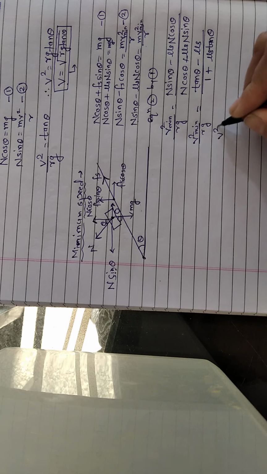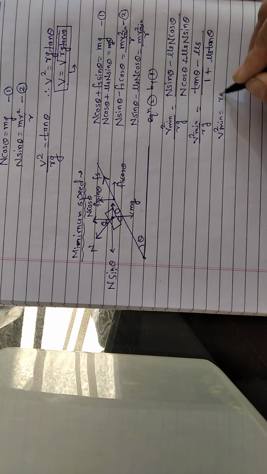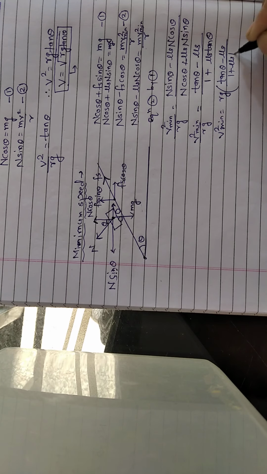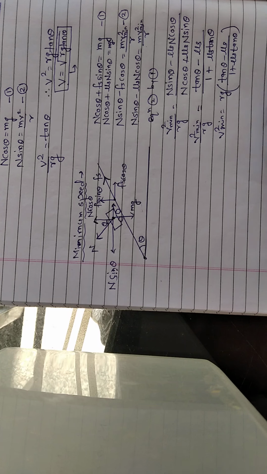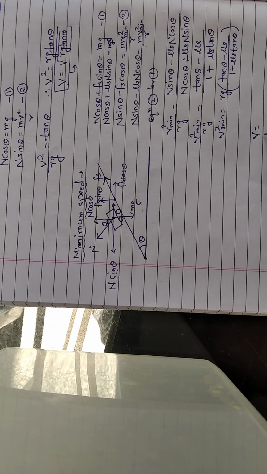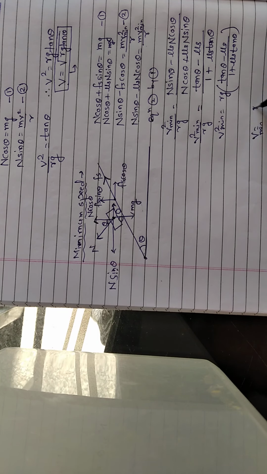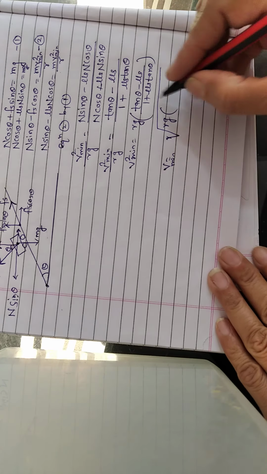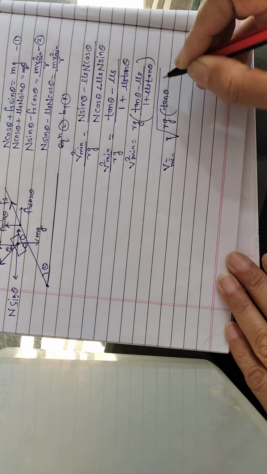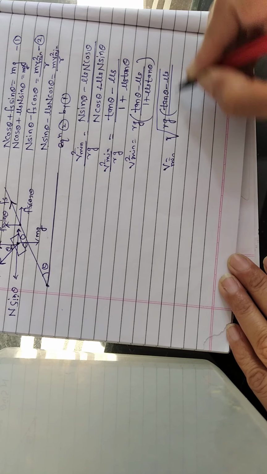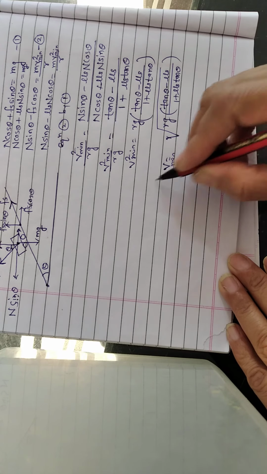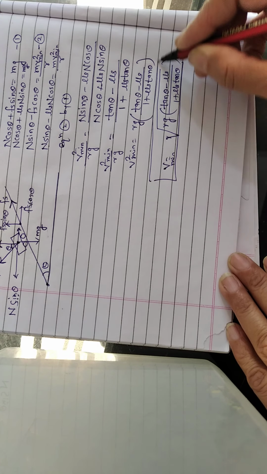Therefore we can write v square minimum equal to rg into bracket tan theta minus mu s upon 1 plus mu s tan theta. Taking the square root on both sides, we get v minimum equal to square root of rg times tan theta minus mu s upon 1 plus mu s tan theta.